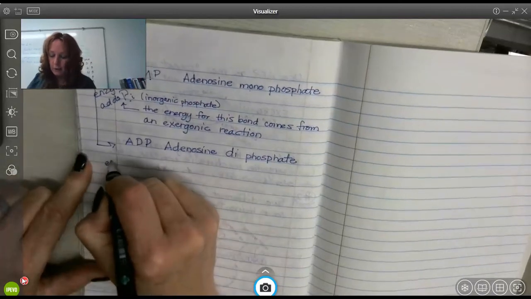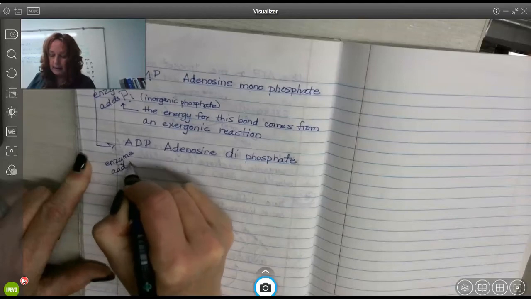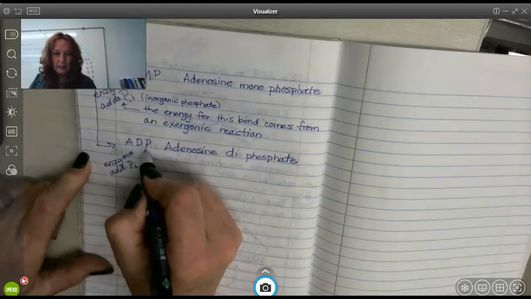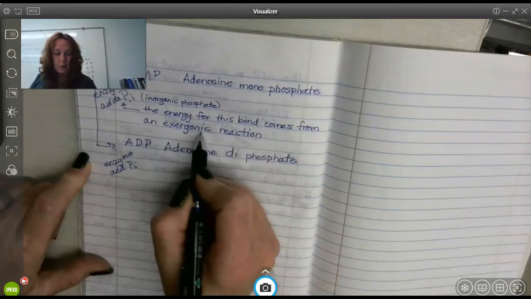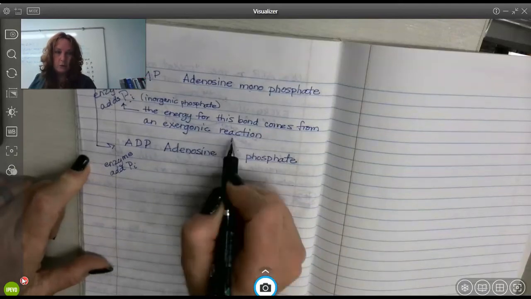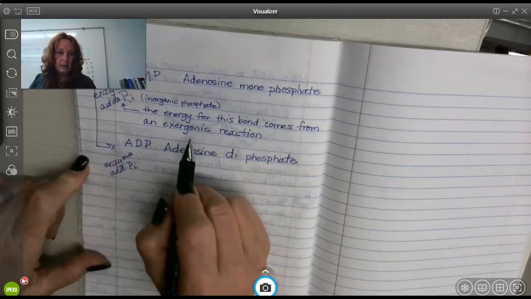So now you'll have an enzyme that adds this third Pi to ADP. Energy comes from some exergonic reaction that we're not going to lose, definitely not as heat and light. That's dangerous.